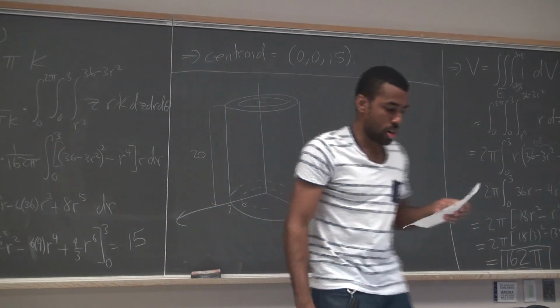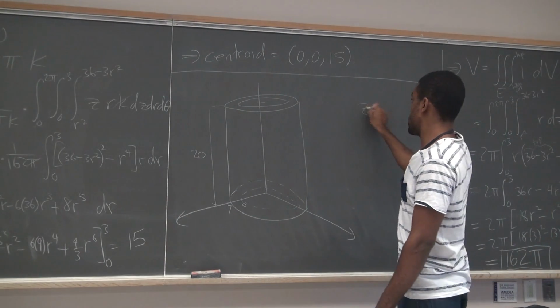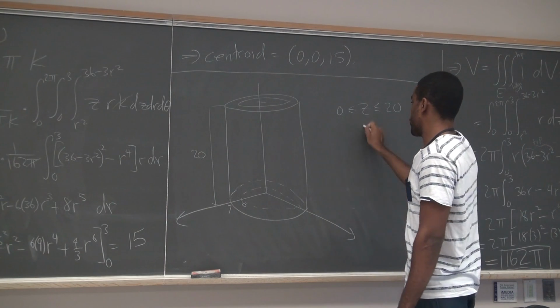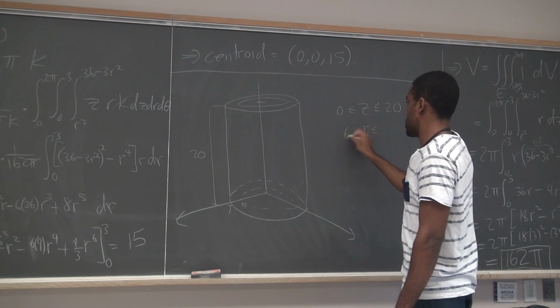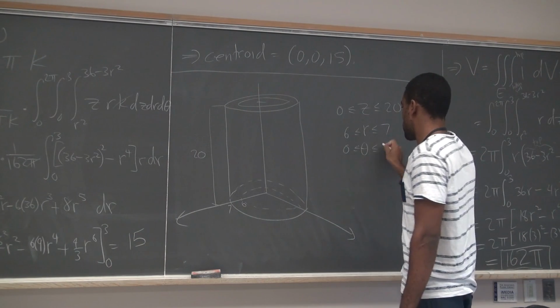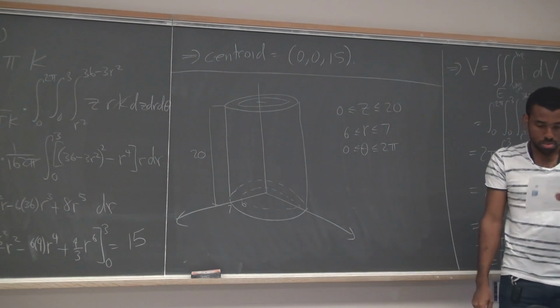And I just need to describe the shape, so I can set z goes from 0 to 20, r goes from 6 up to 7, theta goes from 0 to 2 pi. That's it.